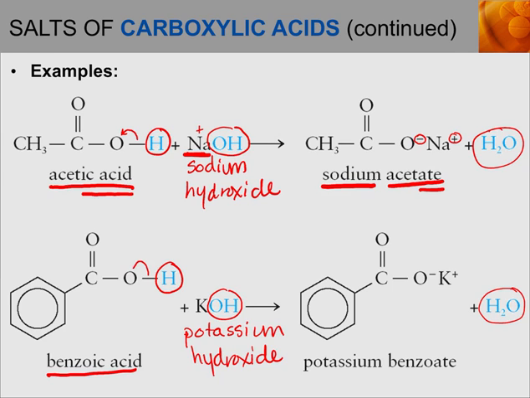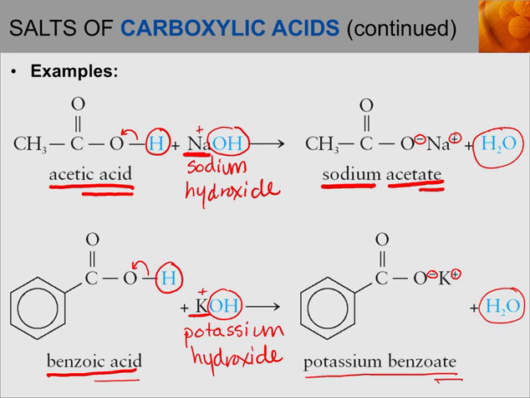Electrons are again left behind on oxygen to give us a negative charge. Potassium is also left behind and it has a positive charge, so it's attracted to that negative charge. So here we have formed potassium benzoate. So we changed ic acid to ate, benzoate.